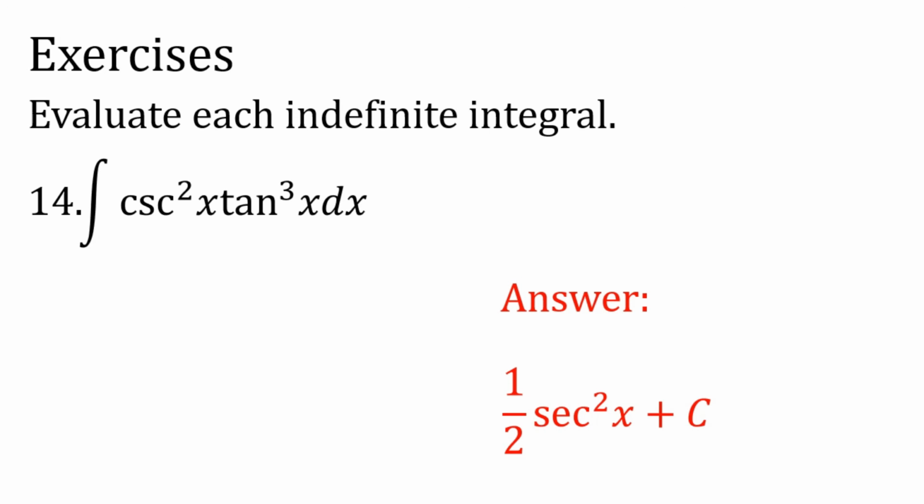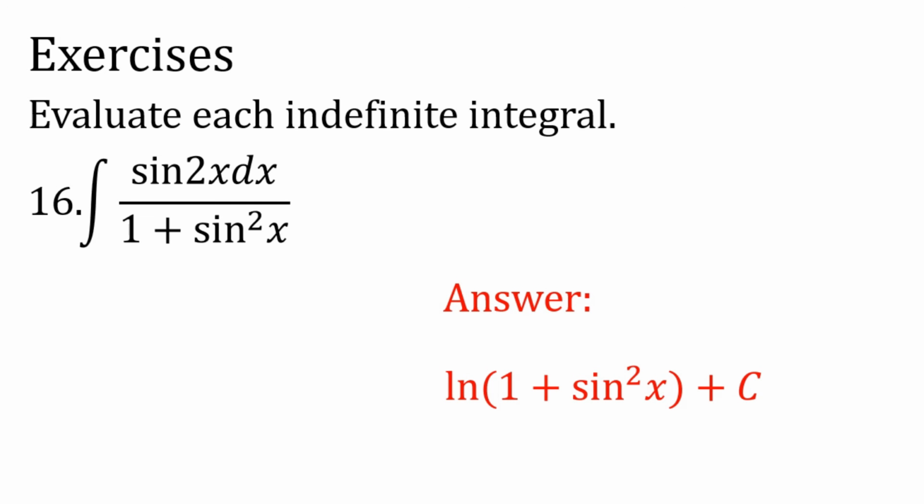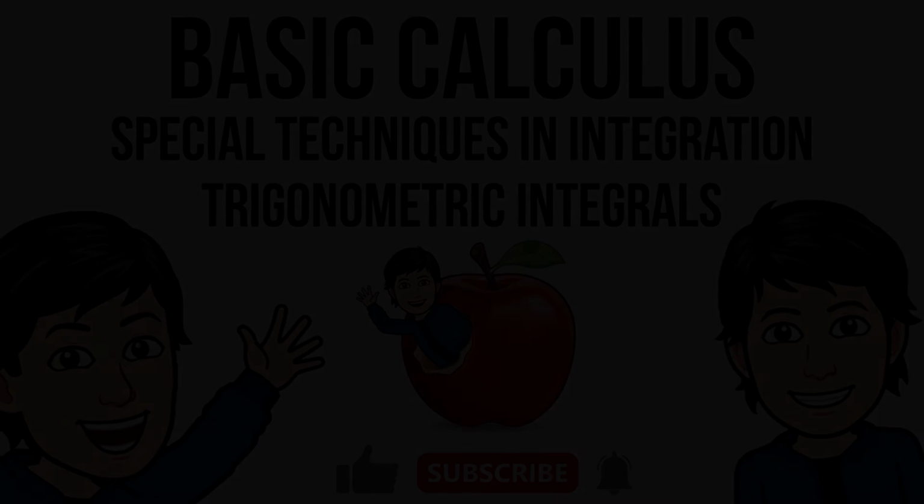Number 14, the integral of cosecant square x tangent cube x dx. Number 15, the integral of secant raised to 5 over 2x tangent x dx. Number 16, the integral of sine 2x dx over 1 plus sine square x.